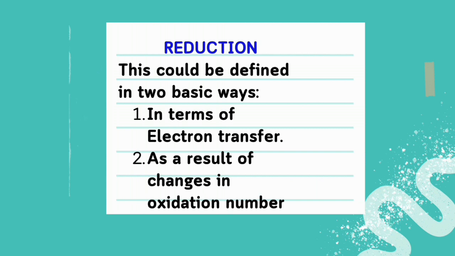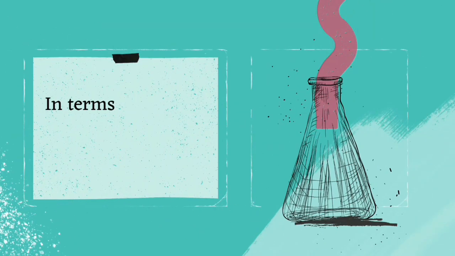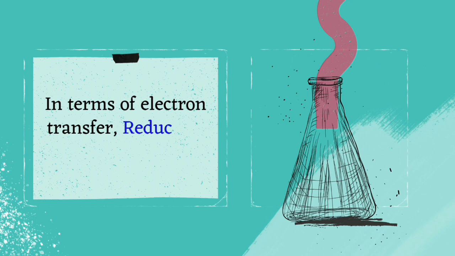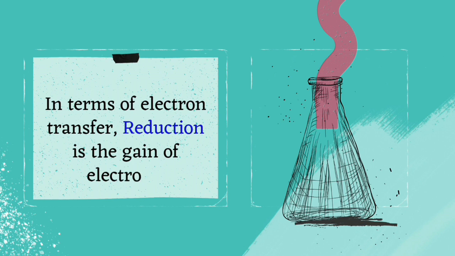Reduction is the gain of electrons. Atom B gains electrons from A. That means it is being reduced. It is the receiver.